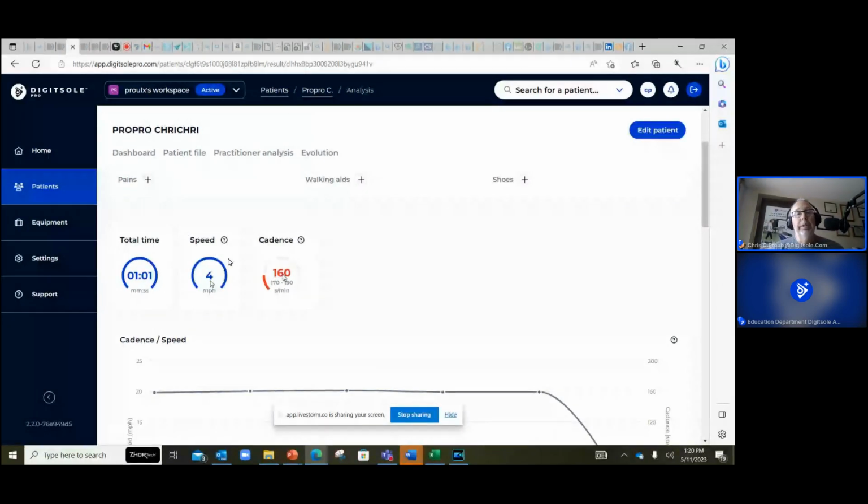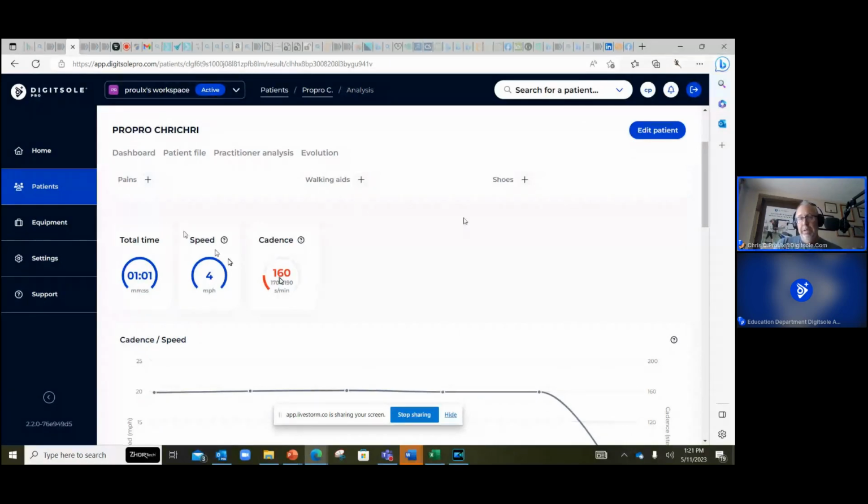The cadence is going to be based on the speed and the stride length, because we look at cadence in steps per minute. Now, if I was training an athlete, this is one of the things we would take into consideration, because the performance-based outcome measure is being able to run a certain distance in a certain amount of time, and improving that performance is usually running that distance in a shorter time frame.